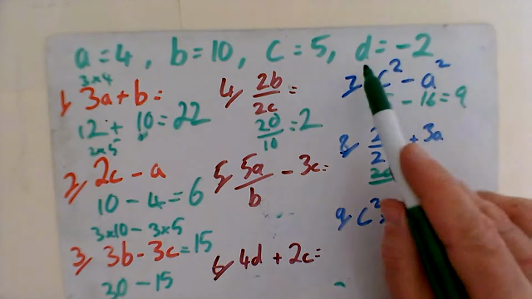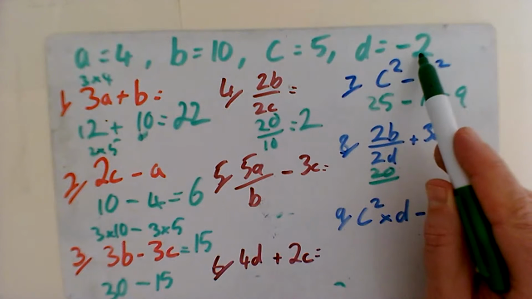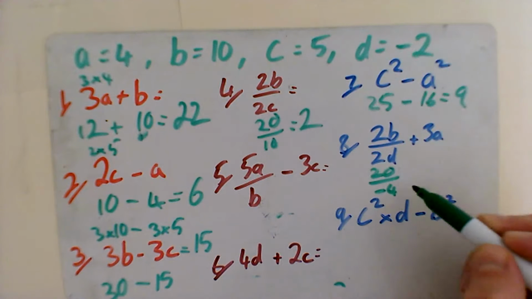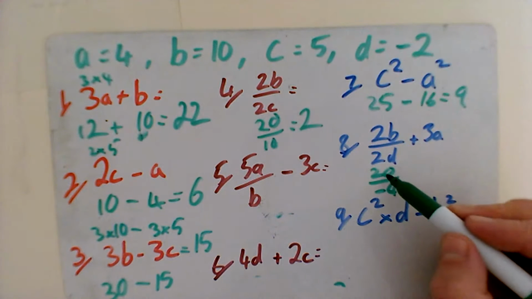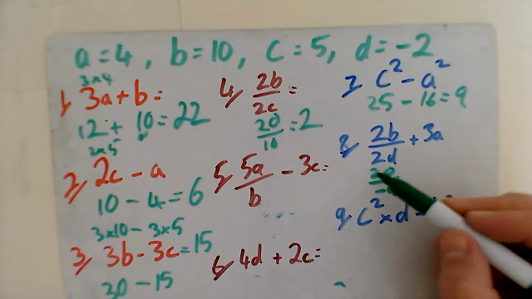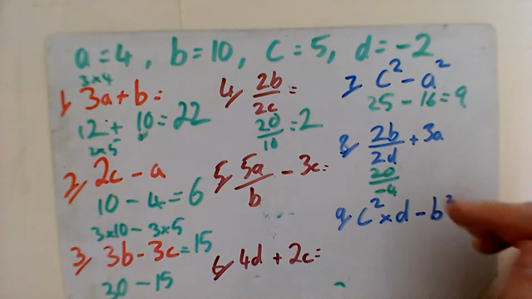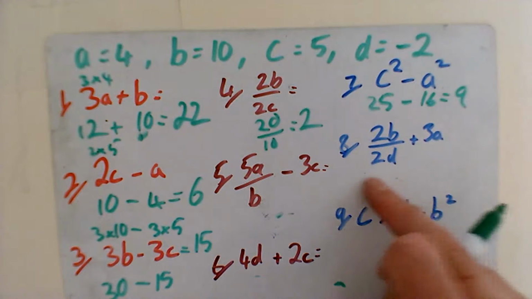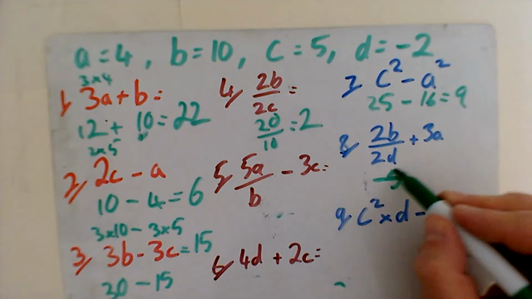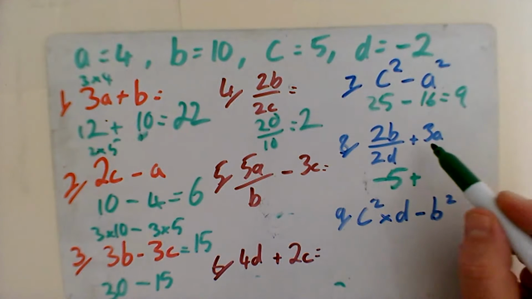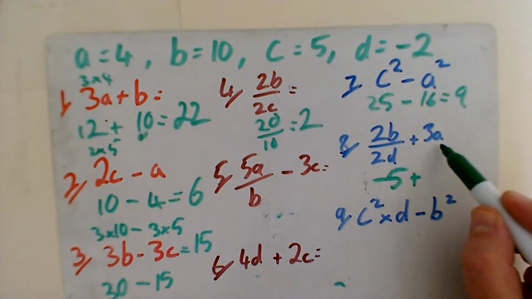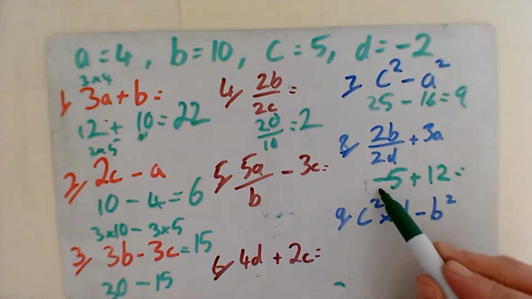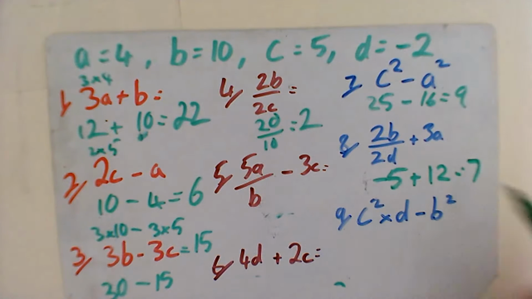And 2D, remember, is 2 times minus 2. D is minus 2. So that gives us a minus 4. So 20 divided by minus 4, a positive divided by a negative gives me a negative. So that would be minus 5. So we're going to start with minus 5, then I add 3 times A, which is 4, plus 12. Minus 5 plus 12, and I end up with 7.